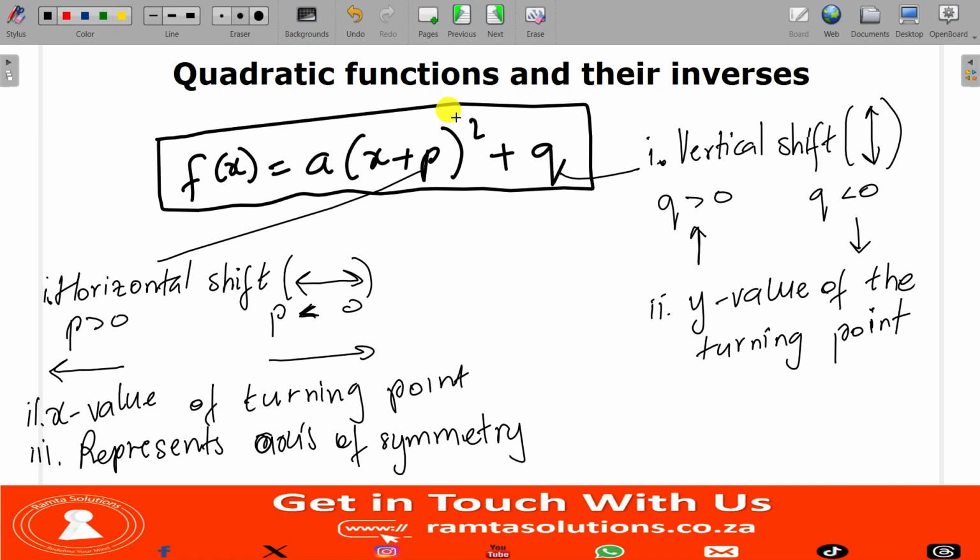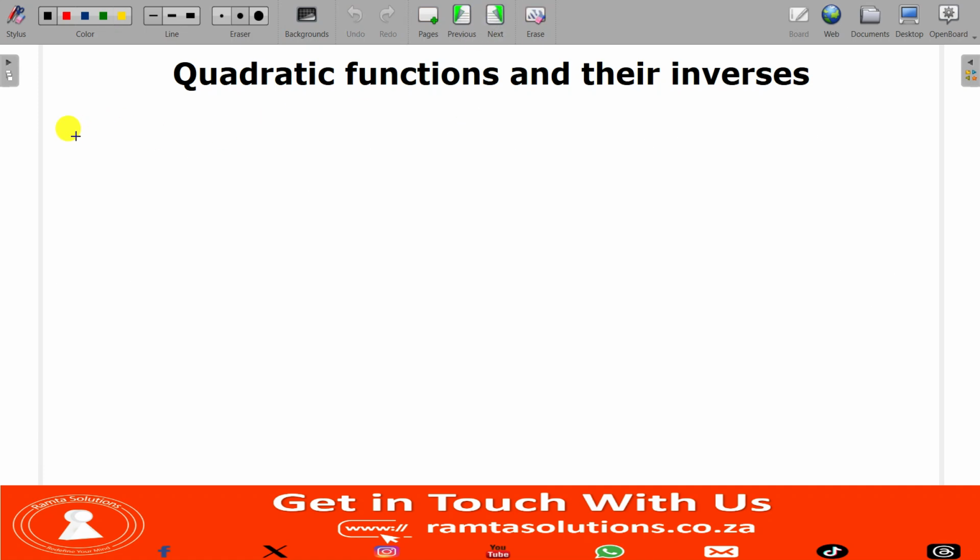Now let's look at the axis of symmetry. The axis of symmetry, remember, it is a line that cuts the graph into two equal halves. When you are given your equation in the second form, it will be x equals negative p.